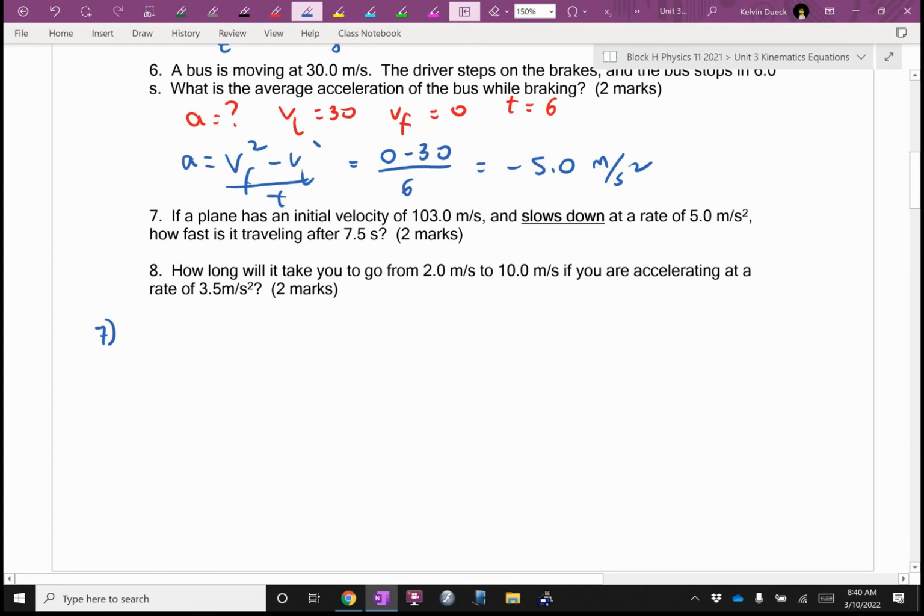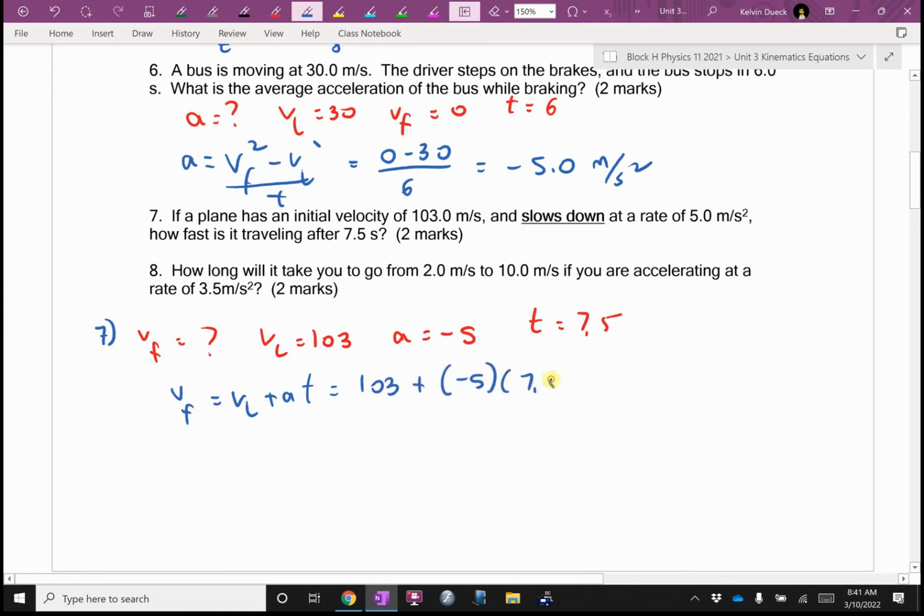It looks like it wants us to find VF. It looks like VI is 103. A is, I saw the slows down, it's -5. T is 7.5. I'm going to use VF equals VI plus AT. It's going to be 103 plus -5 times 7.5.